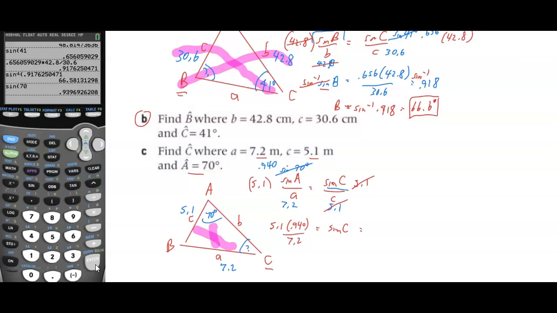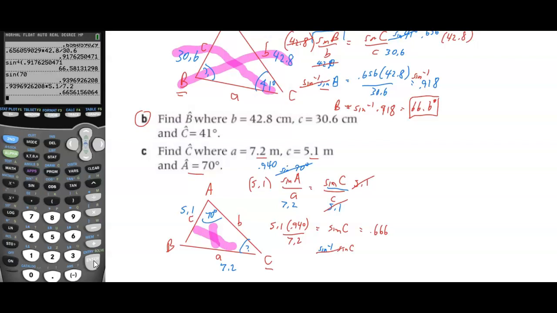So let's simplify that. The 0.940 is right here on the calculator, so I'm just going to put that there, and then I'm going to multiply by 5.1, and then I'm going to divide by 7.2. 0.666. And then I'm going to do the inverse sine in order to get rid of the sine C here, and they cancel each other out, right?